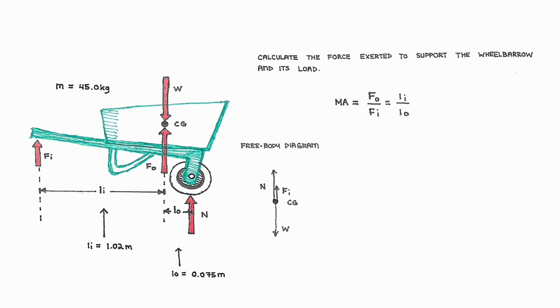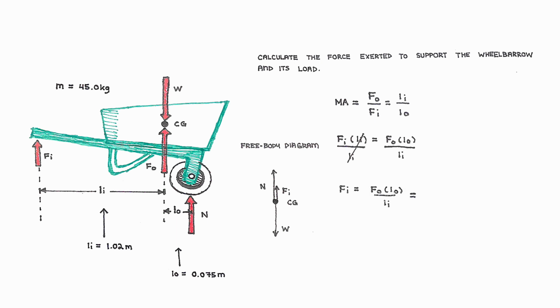As shown here in this wheelbarrow, we are not given a value for the output force, but we are given the mass. I will further explain later how we get the acceleration, so we can get the output force.